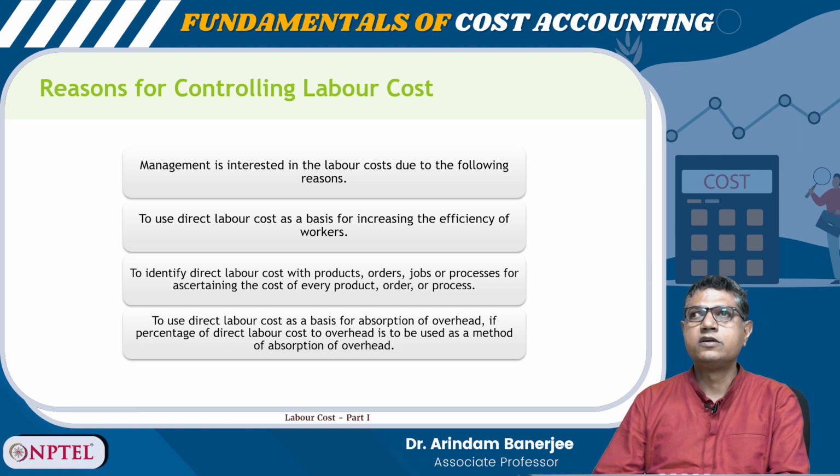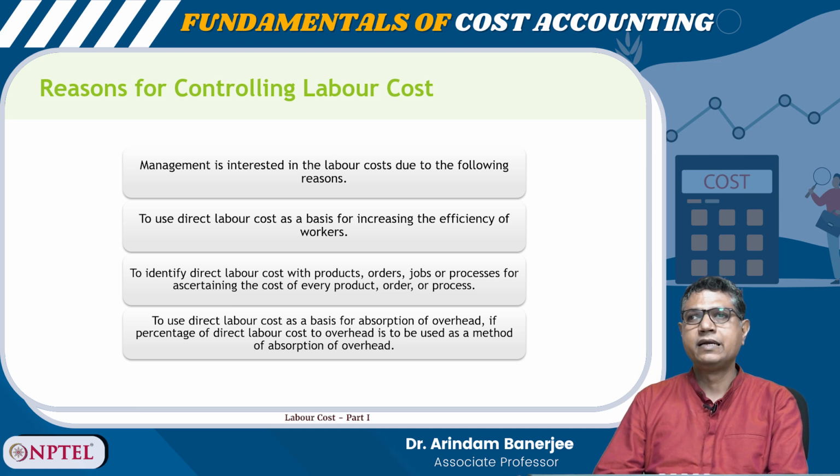What are the reasons for controlling the labor cost? So, management is interested in the labor cost due to the following reasons. Number one, to use direct labor cost as a basis for increasing the efficiency of the workers, because it is an important part of the total cost component. So, the company needs to use the direct labor as efficiently as possible. Then, to identify the direct labor cost with products, orders, jobs or processes for ascertaining the cost of every product, order or process.